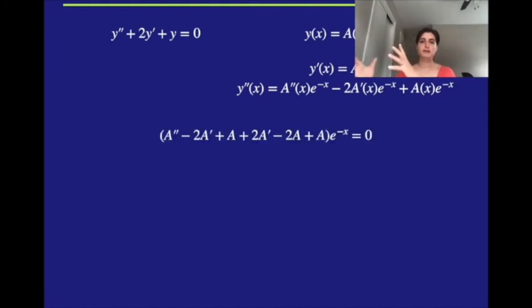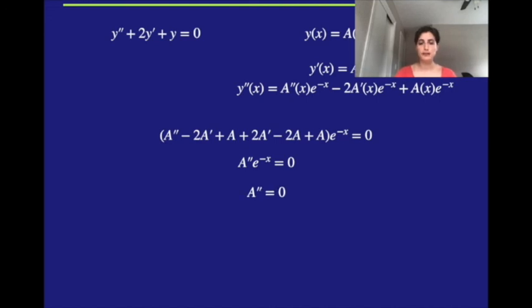We can plug this first and second derivative inside our ODE and drag e to the minus x out of it. Well, now we have something that, by the way, simplifies a lot. We end up having only the leading term, the one with the highest derivative, staying in our equation. We also know that e to the minus x is non-zero.